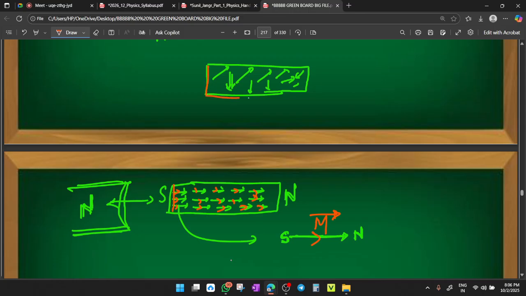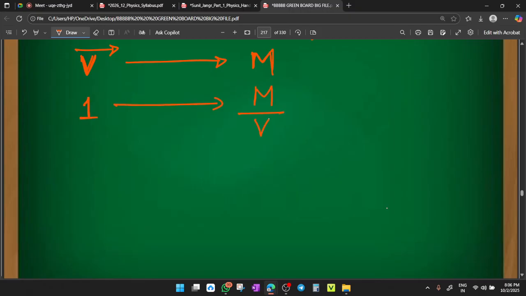Suppose the volume of the substance is V, the whole volume of this magnetic material, and collectively if V volume of material has M magnetic dipole moment, then the unit volume has M divided by V. So this is dipole moment per unit volume.